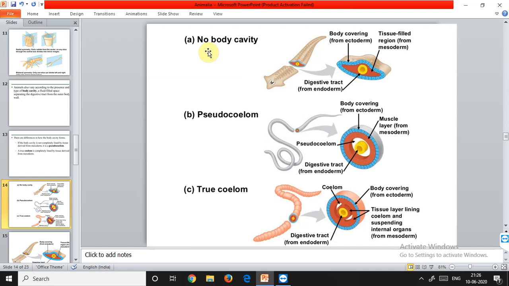Then comes the blastula. The cavity present in the blastula we call the blastocoel. So in the pseudocoelomate condition, the coelom arises from the blastocoel at an early stage of embryonic development, and it remains bounded on the outside by ectoderm and on the inside by endoderm.